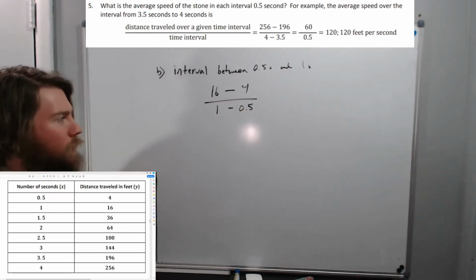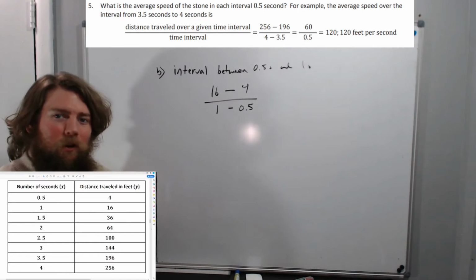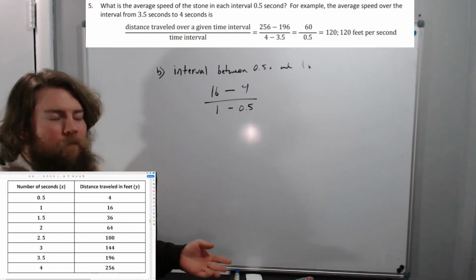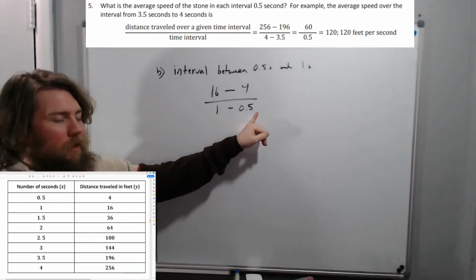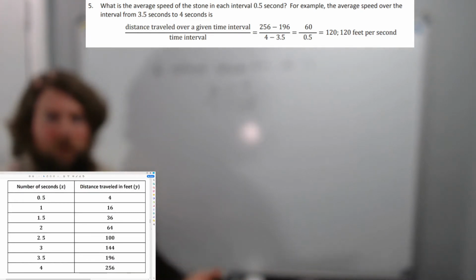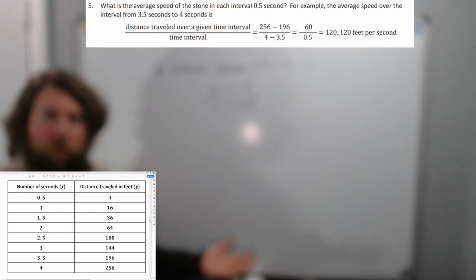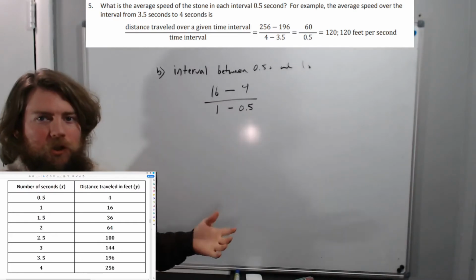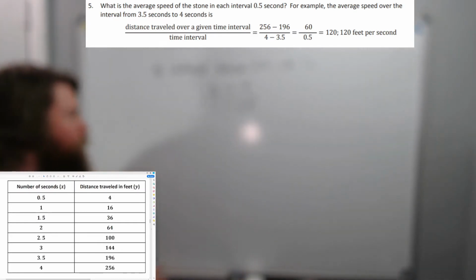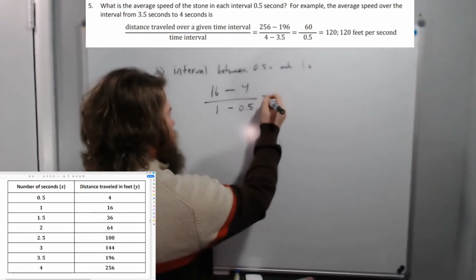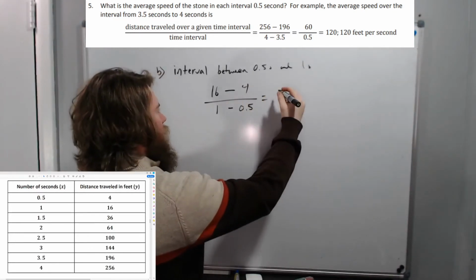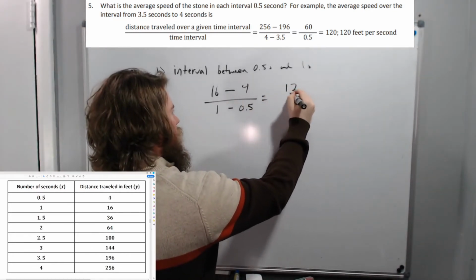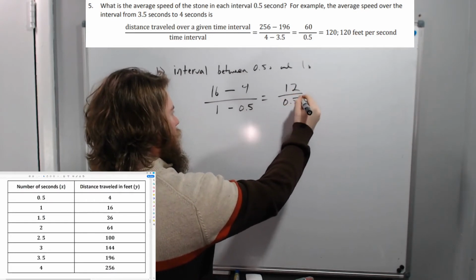Hopefully, guys, since we're doing this all over half-second intervals, for your denominator in every single one of these problems, you should get half a second. Last time we had 0.5 seconds minus 0 seconds, so we got half a second. Now we have 1 minus 0.5, which is just going to give us 0.5, or half a second. 16 minus 4 is going to give us 12 over 0.5.